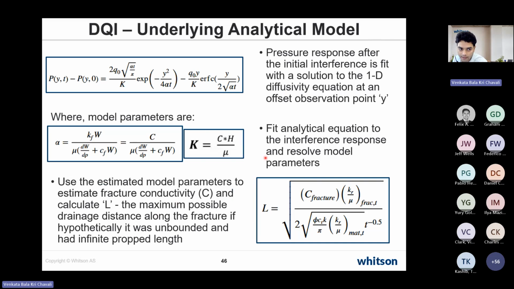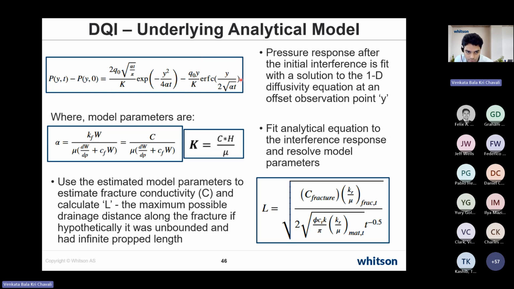But realistically, the analytical model that we're fitting is a one-dimensional diffusivity equation, right? We've seen this in some of our old textbooks. Effectively what it says is that if you boil that diffusivity equation into a one-dimensional form, and then you try to predict the pressure at an offset distance y at some time t, compared to the pressure at the same point at time zero, then this is the shape of that pressure change.